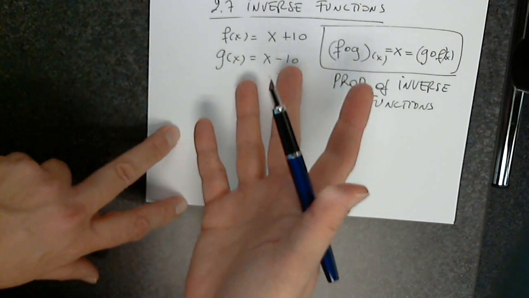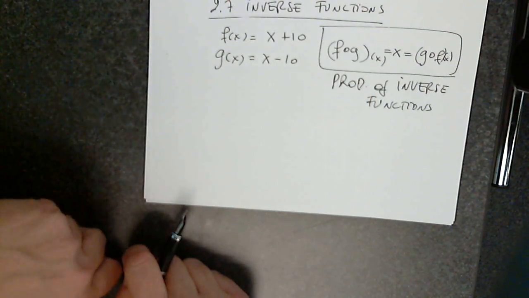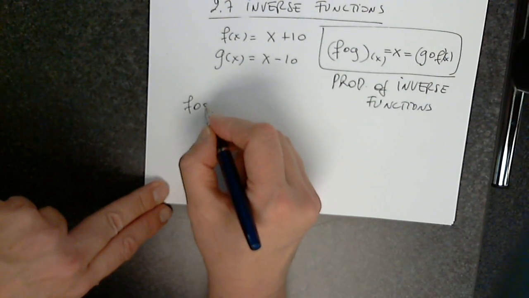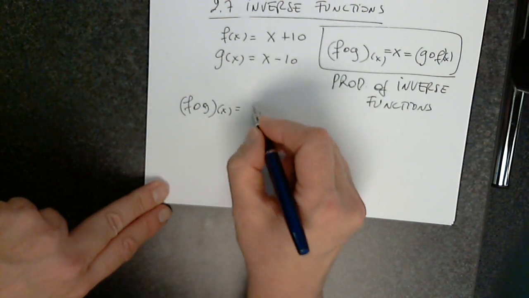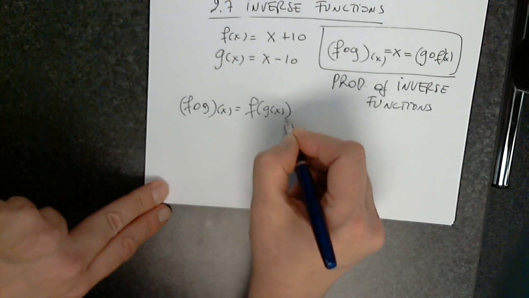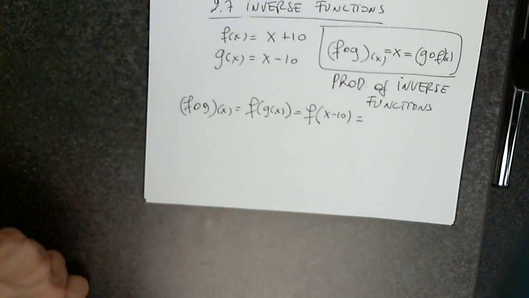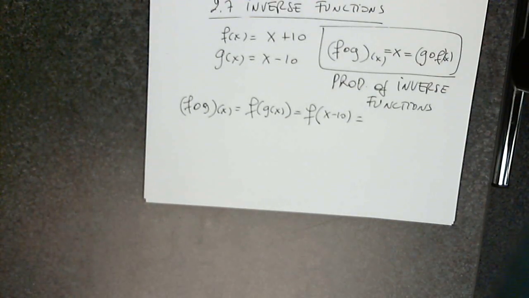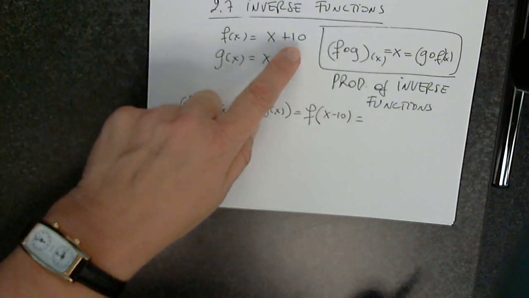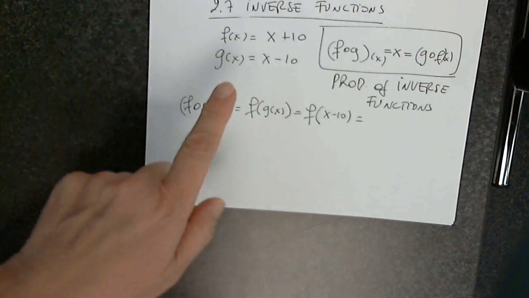Let's check with the two functions you gave me. So let's find f comp g. F of g of x, by definition, is f of x minus 10. I have to plug in x minus 10 in f. What does f say? F says blah plus 10. Whatever plus 10.